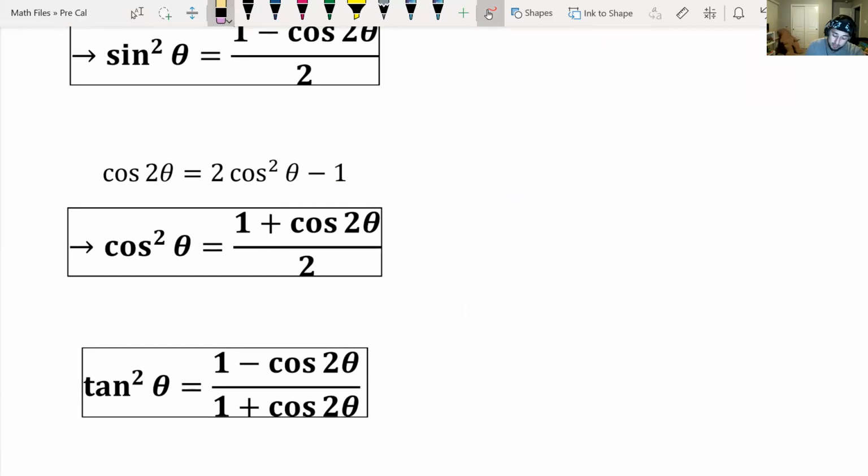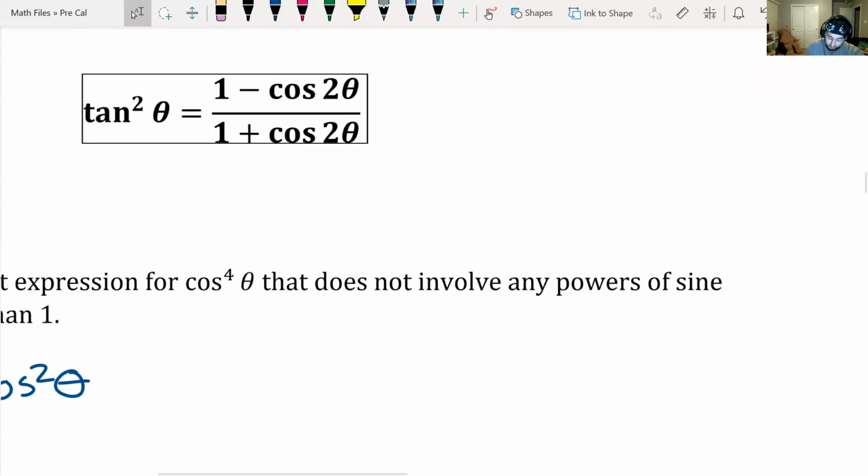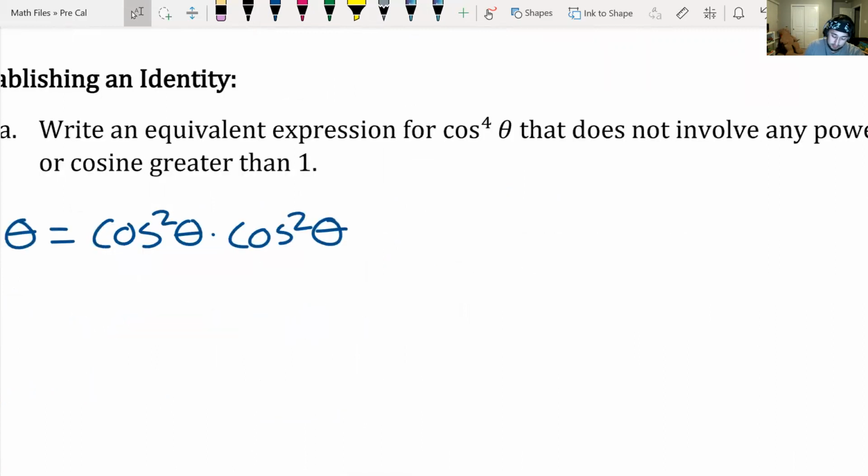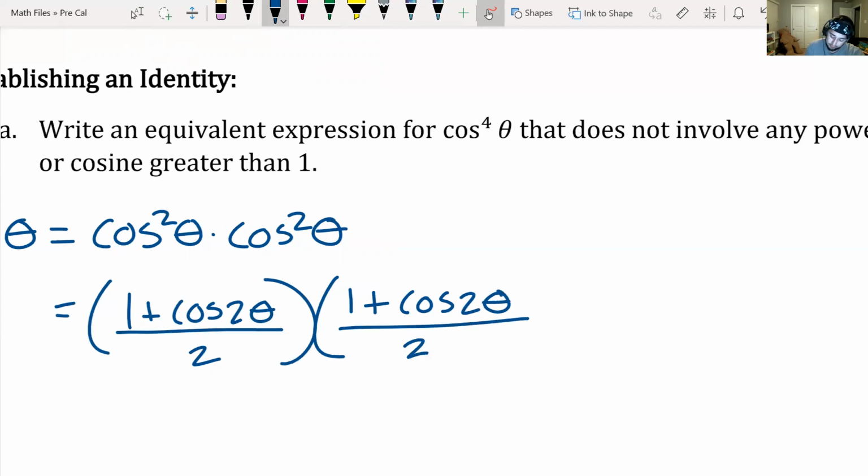So we will be using this formula for cosine squared theta: 1 plus cosine 2 theta over 2. Which means that this is what it becomes. You get 1 plus cosine 2 theta over 2 times 1 plus cosine 2 theta over 2.